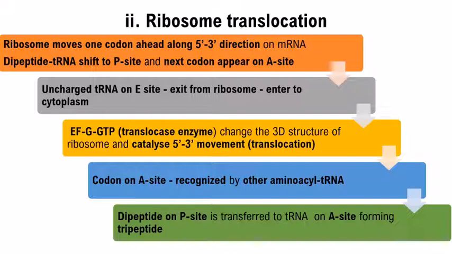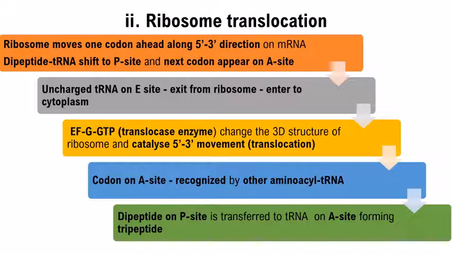This ribosomal translocation requires a factor that is called elongation factor G, which is bound to GTP. This is also referred to by another term, translocase enzyme. It changes the 3D structure of the ribosome to catalyze its 5' to 3' movement by one codon.